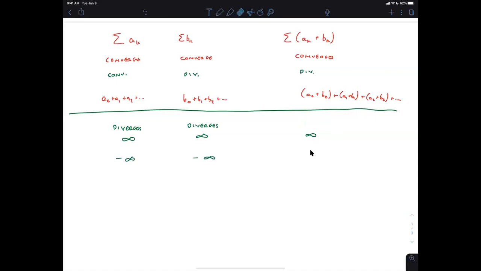Negative infinity. Now, what if one of them goes to infinity and one goes to negative infinity? You won't be able to tell unless one is going to infinity a lot quicker than the other. So you can't tell unless you know which one's going faster.